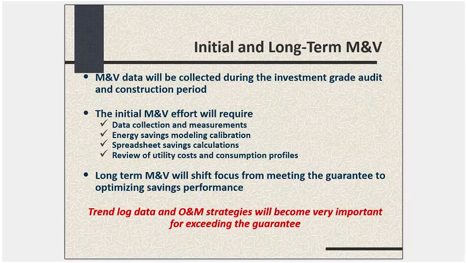And this is where trend log data and O&M strategies become very important for exceeding the savings guarantee. Because there may be opportunities, as I said earlier, to really fine-tune your control strategy or address an issue that you find with some equipment and resolve it, and therefore actually improve your savings performance over time.